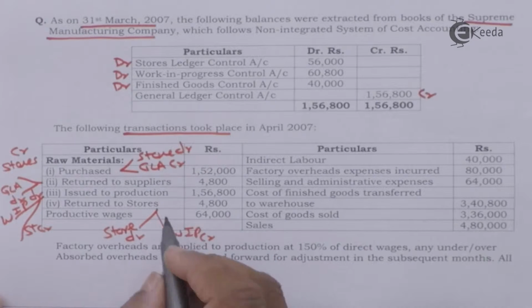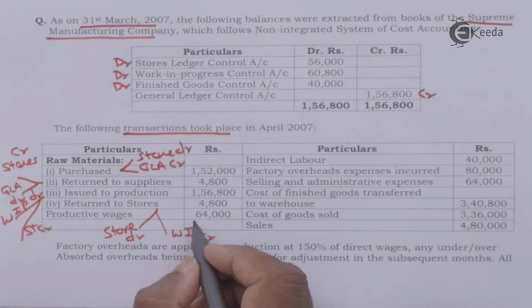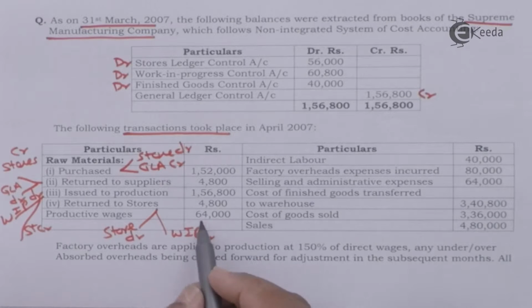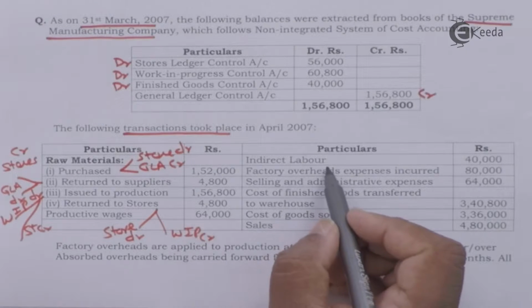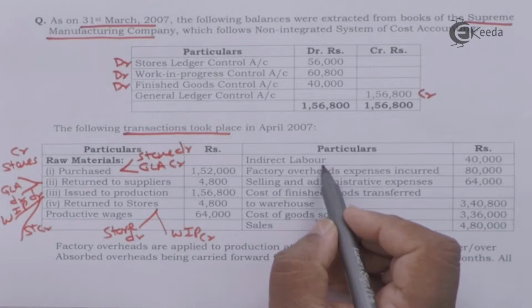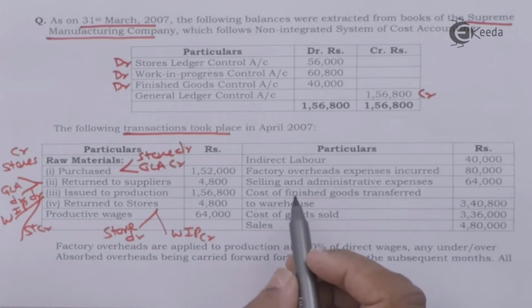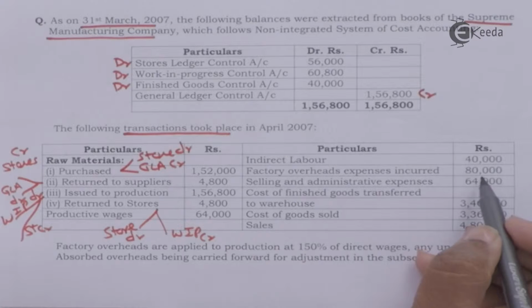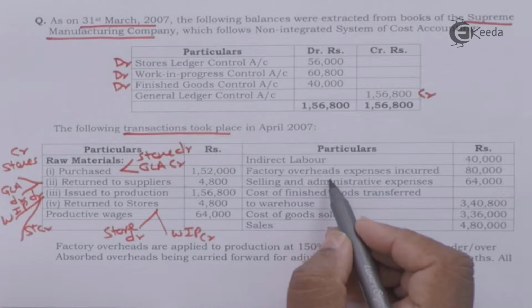Productive wages, this will be debited to wage control account, credited to GLA. Indirect labor, credited to wage control account, debited to factory overheads. Factory overheads expenses incurred, factory overheads control account debit, GLA credit.